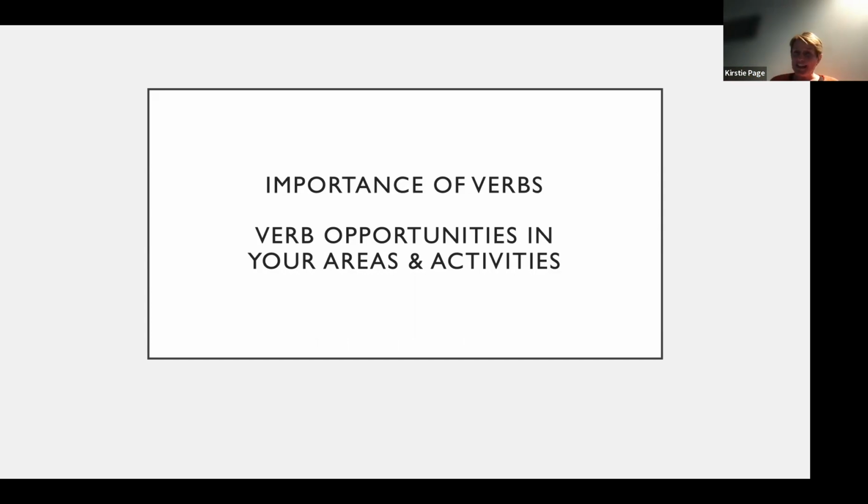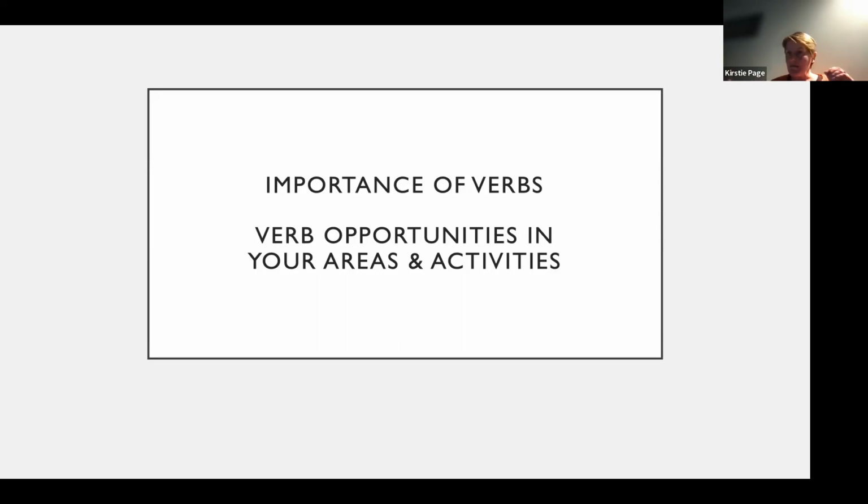And one of the things that you will notice for some children, once they do have some verbs and once they do move into sentences, is that some children will really use a few verbs an awful lot. Do, put, got. And those verbs are really handy, because they can be used in multiple situations.